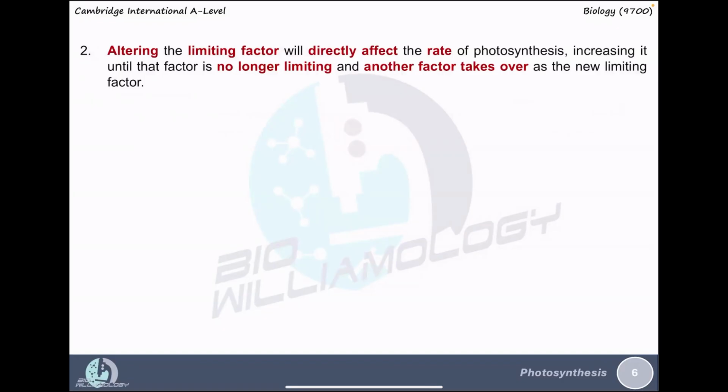Altering the limiting factor will directly affect the rate of photosynthesis. For example, if we increase the value of this limiting factor, we can see that the rate of photosynthesis increases, until that factor is no longer limiting, and another factor takes over as the new limiting factor.